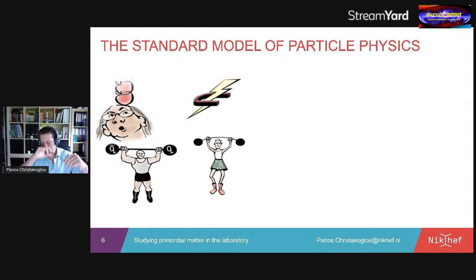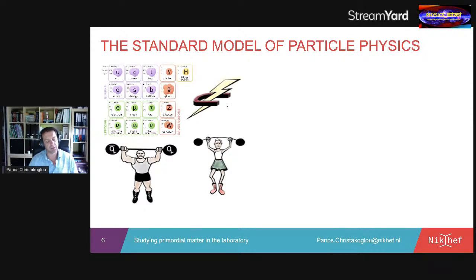Okay, so all these studies fall inside a theoretical framework, which is described by our standard model. You probably know very well that our standard model attempts to describe the basic forces that we see in nature. We have 4 forces. The standard model describes 3 of them, so it doesn't include gravity, but it does include the electromagnetic, the weak, and the strong interactions.